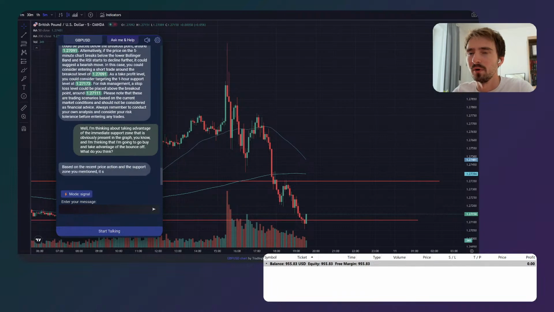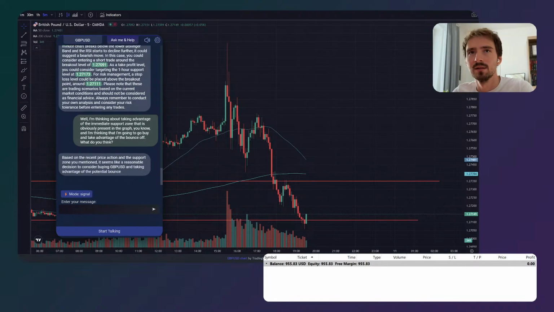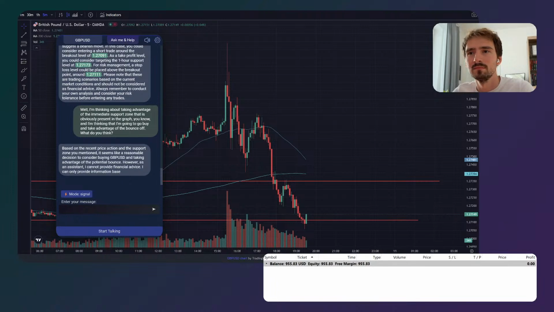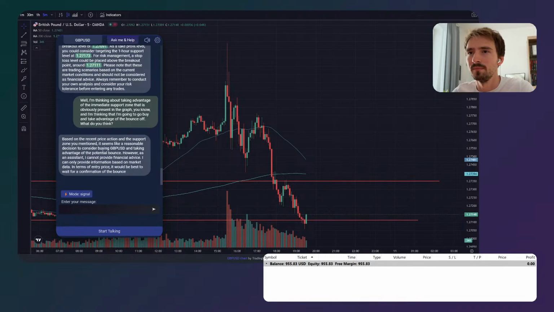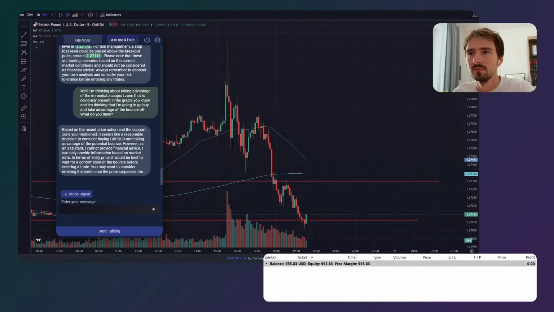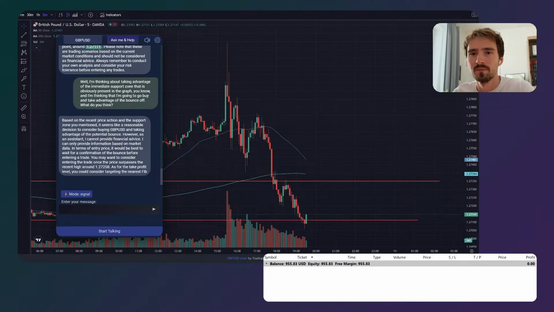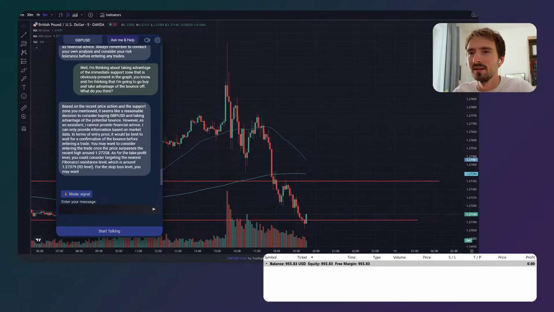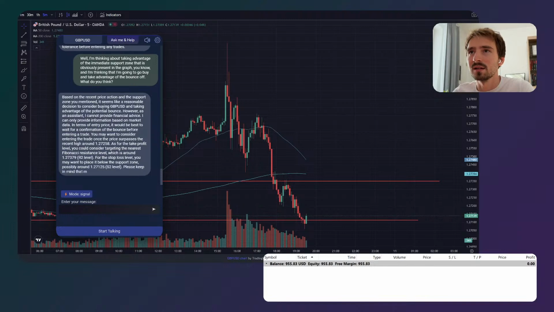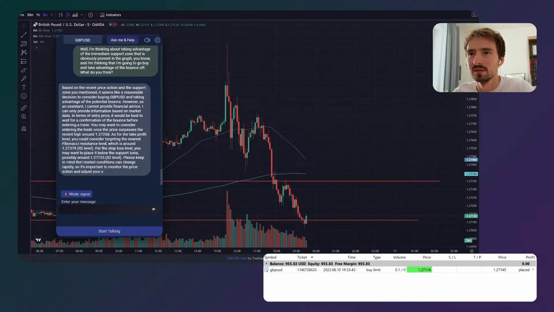Based on the recent price action and the support zone you mentioned, it seems like a reasonable decision to consider buying GBP USD and taking advantage of the potential bounce. However, I cannot provide financial advice, only provide information based on market data. In terms of entry price, it would be best to wait for a confirmation of the bounce before entering a trade.